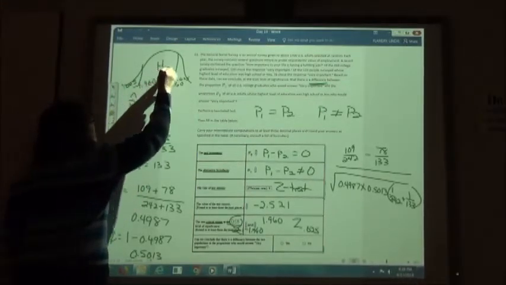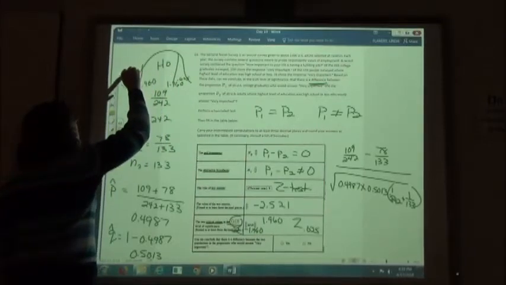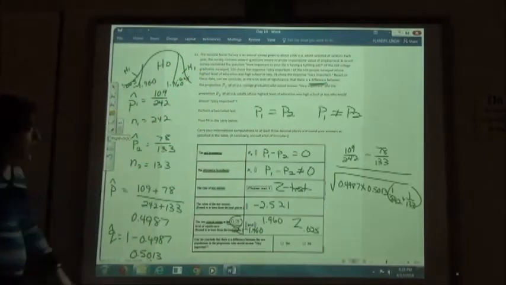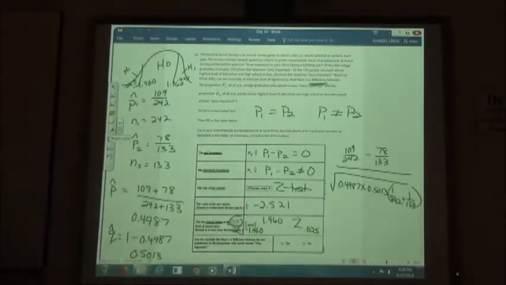Our null would be in the middle. Our alternative ones would be if I'm on the two ends. So I'm going to look at my test value and decide where it would fall. Is it way to the left? Is it in the middle of those two numbers, or is it on the right side? It's on the left.